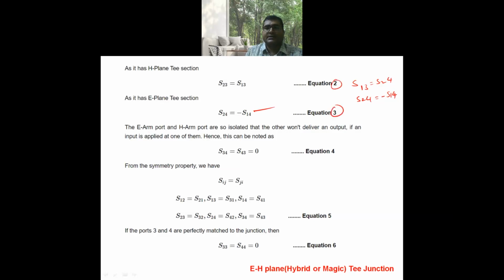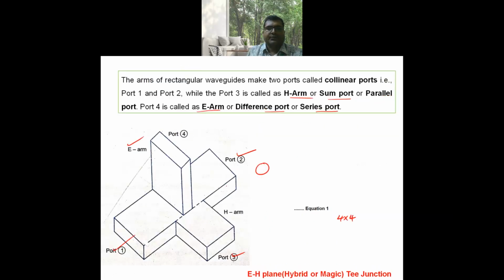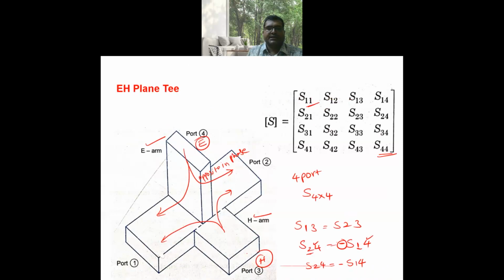One more point you can observe: when power is applied at port 3, it is divided equally between ports 1 and 2, and when power is applied at port 4, it is divided equally between ports 1 and 2.